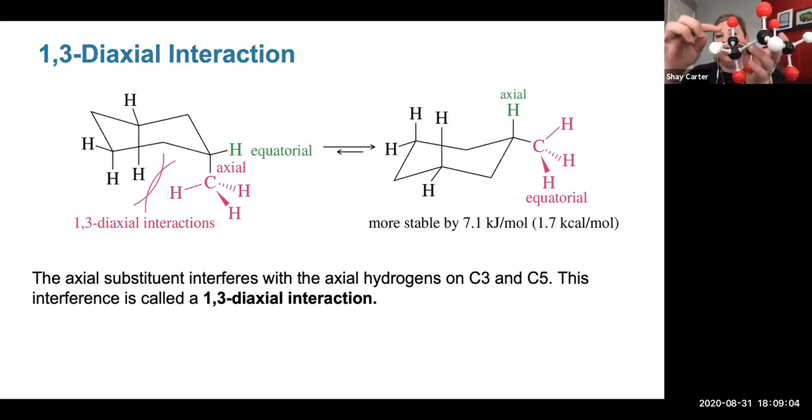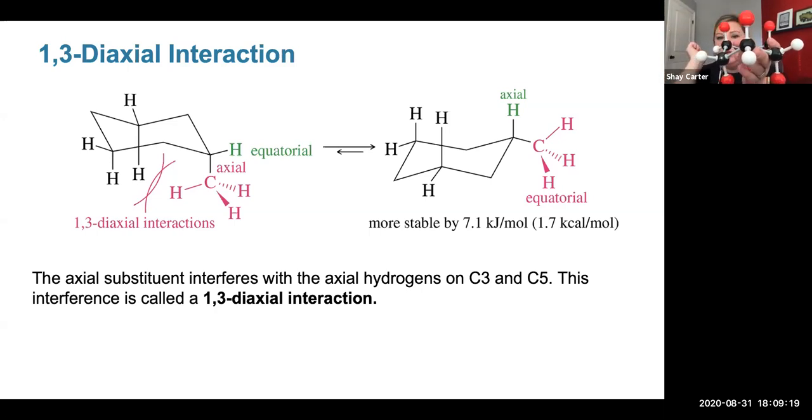They're one carbon apart, so we say 1, 2, 3. So 1 and 3, both axial, diaxial interactions. It's the interactions between this one and this one, and this one and this one.